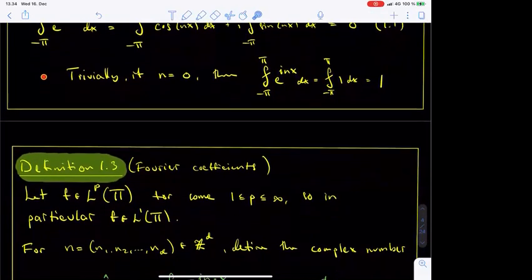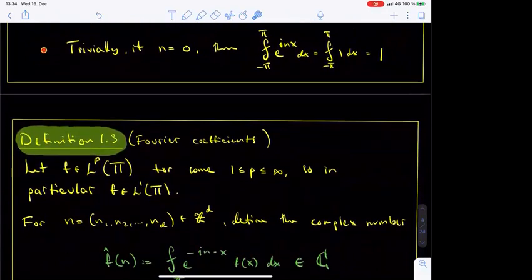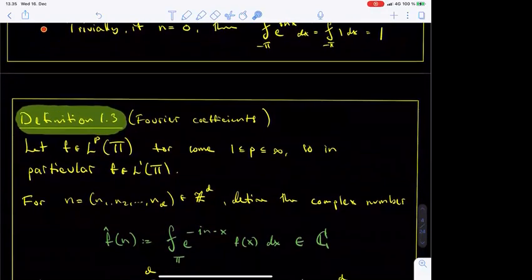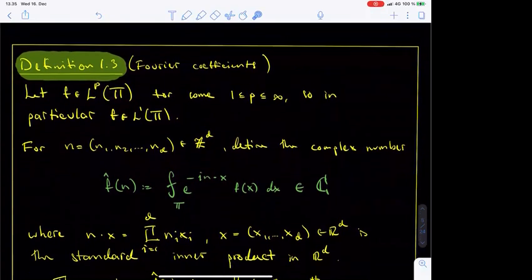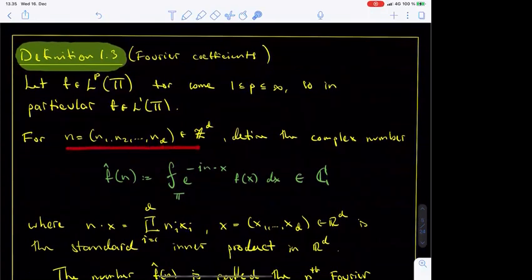Now we have covered all the basic or preliminary definitions and notations that we need, and we can start doing some Fourier analysis. Let us start with the definition of Fourier coefficients. Let p be any exponent between 1 and infinity, and let f be in Lp(T). As we noted earlier, this in particular implies that f is in L1 of T. Now fix an integer d-tuple, so in other words fix n in Z to the power d.